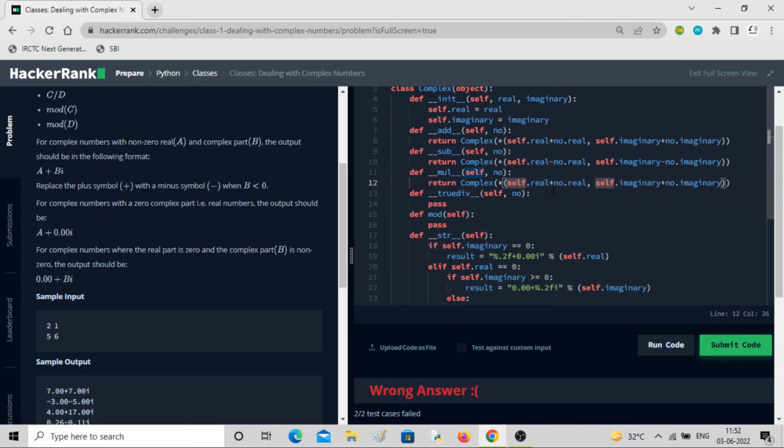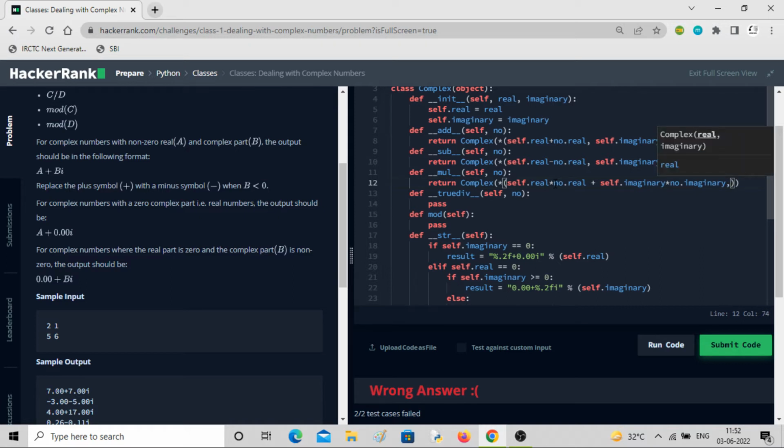If you know the multiplication, there will be four terms. So real with real, and here a minus will be there with imaginary with imaginary. This will give you the real part.